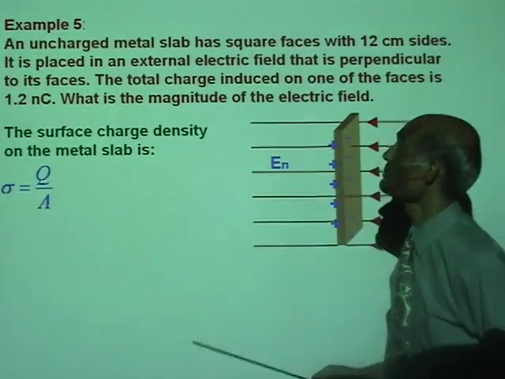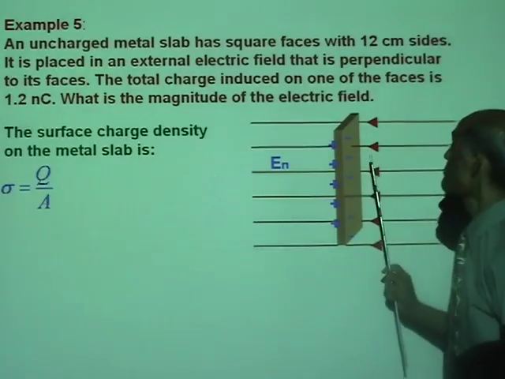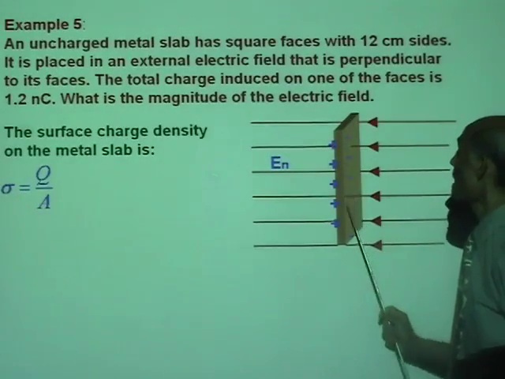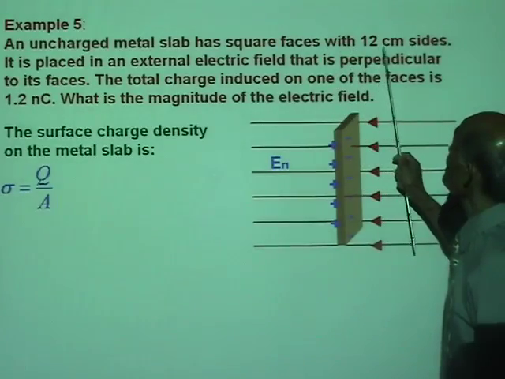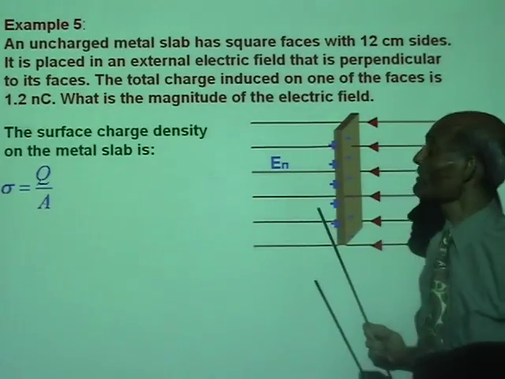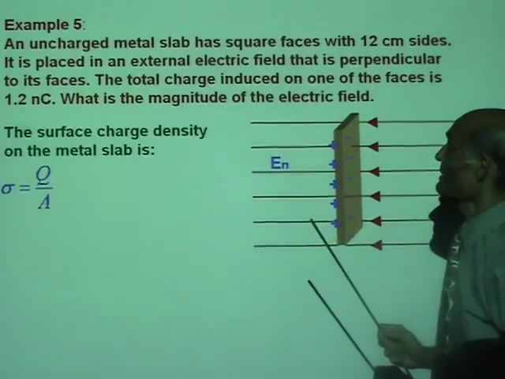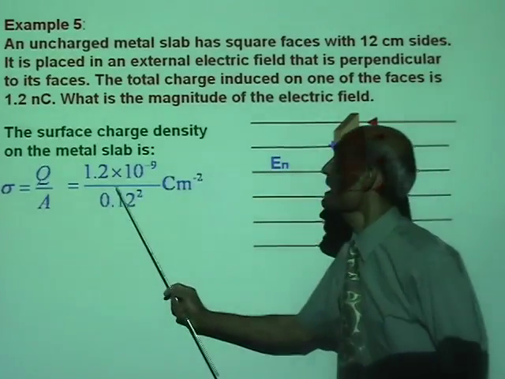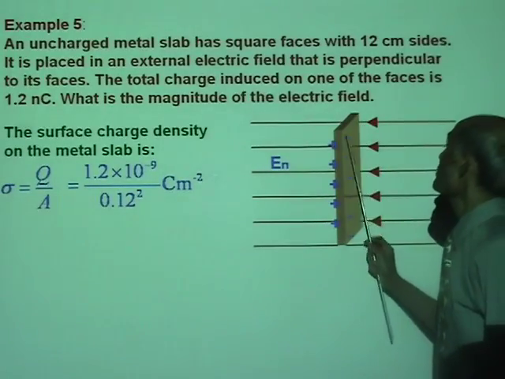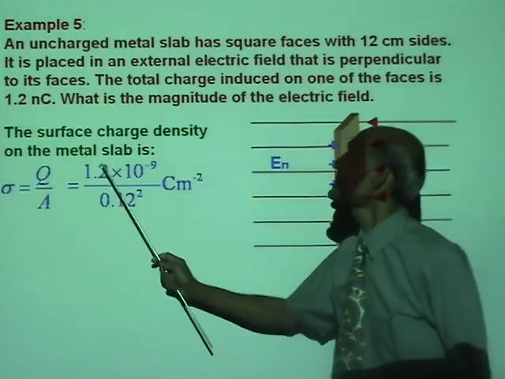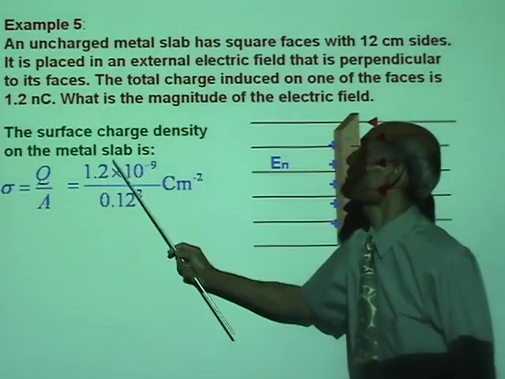Now, if the surface area is A and the amount of charge is Q, then the surface charge density will be Q over A. Now, do you know the area of one face of this slab? The slab is a square of 12 centimeters side. That means the area will be 0.12 squared, and the induced charge on it, Q, is 1.2 nanocoulomb.